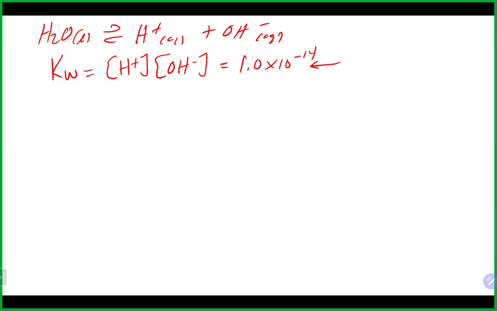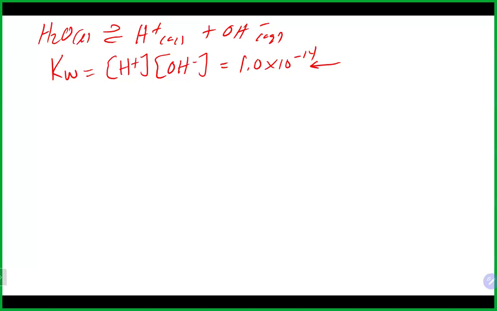As we talked about last time, because it is an equilibrium constant, it does change with temperature, but for the most part, and especially in this class, that's a number you should know. It can in some cases change, but 99.999% of the time, that's the number you're going to use for Kw.